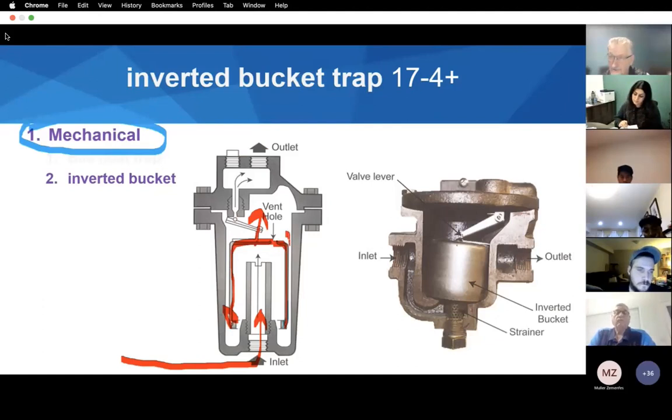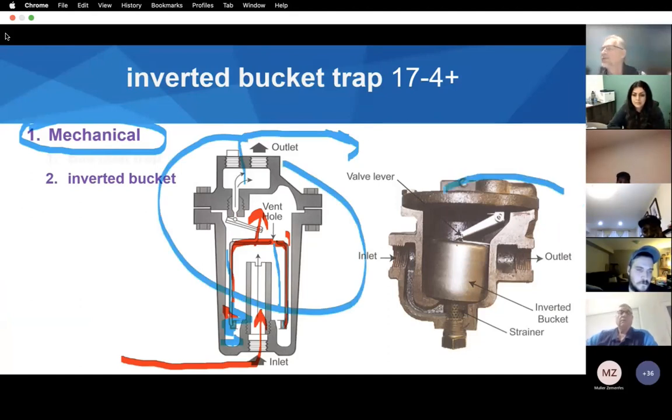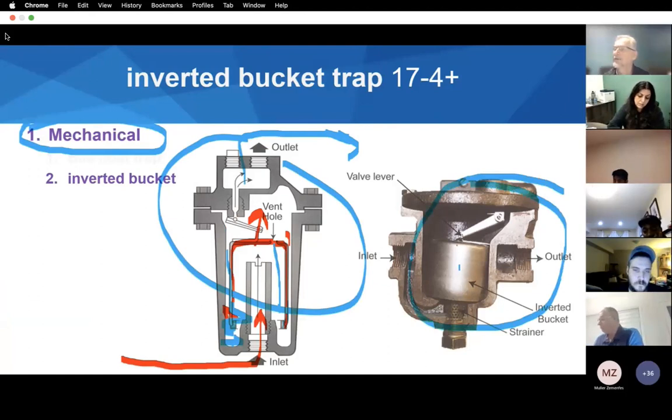When some water collects around the outside, it's going to collect in the bottom, the level's going to come up. And the bucket will drop, open the valve, and let the water out. Okay, this is the diagram. This is what it physically looks like when it's cut open. And notice there's a strainer on the inlet.